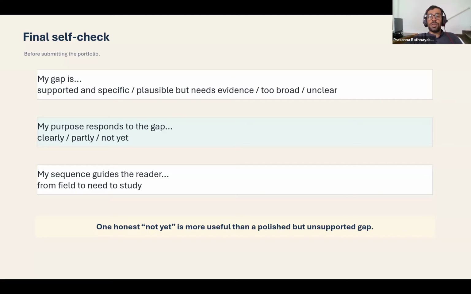The aim is not to sound certain too early, but to make you aware of what your reader needs, what your evidence supports, and where your study belongs. So if you are catering to those readers' minds, you are going to put your research in their mind without a doubt.